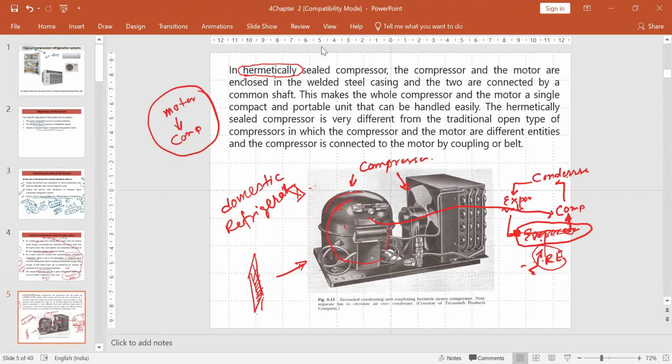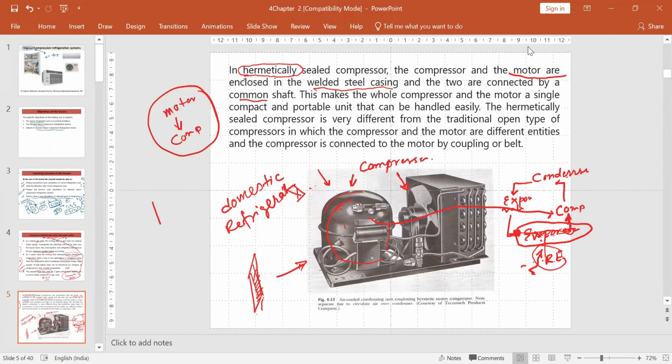You see, this compressor is run by the motor, and both are enclosed in a welded steel casing and connected by a common shaft. So this is called a hermetically sealed compressor. What is the difference from the general one?